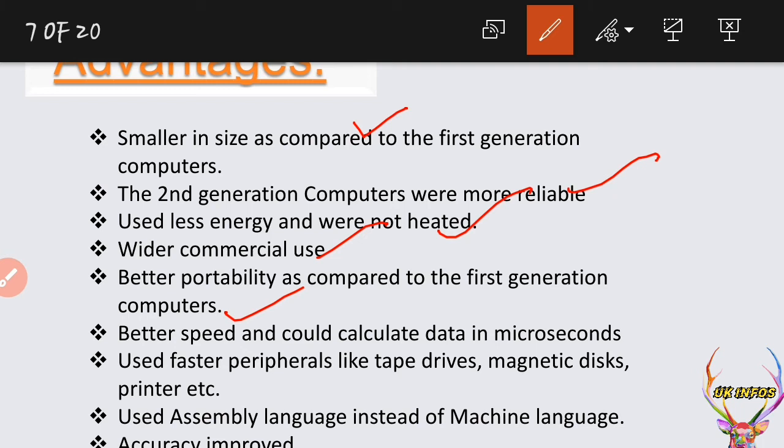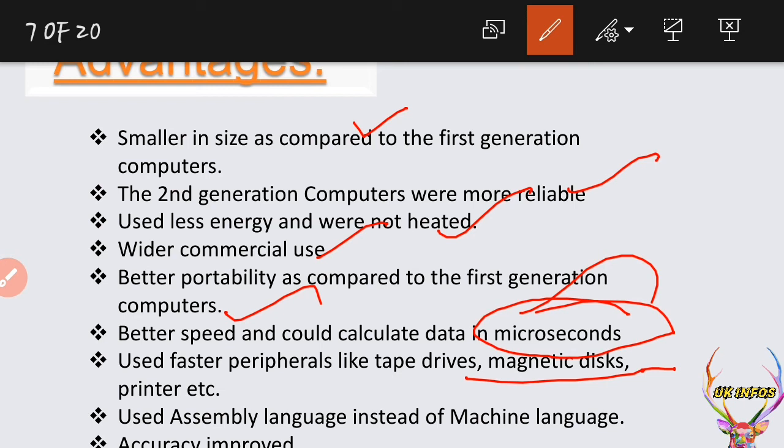Better speed: the first generation calculated data in milliseconds, but the second generation used microseconds. They used faster peripherals like tape drives, magnetic disks and printers. In the first generation they used magnetic drums for memory, but in the second generation they used magnetic disks.